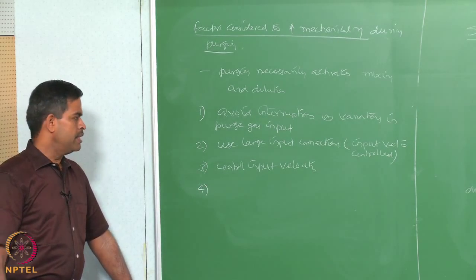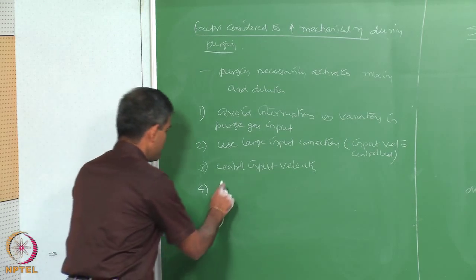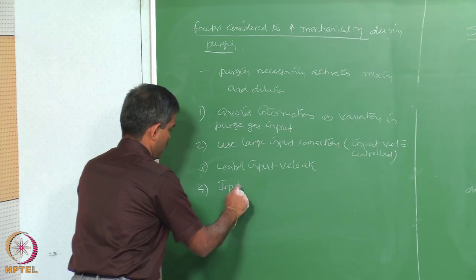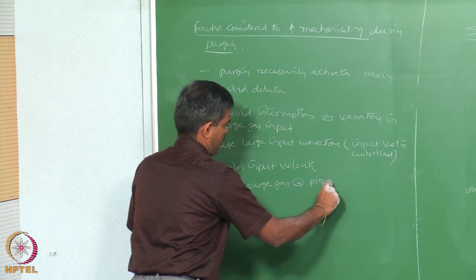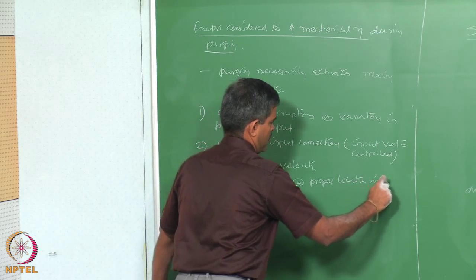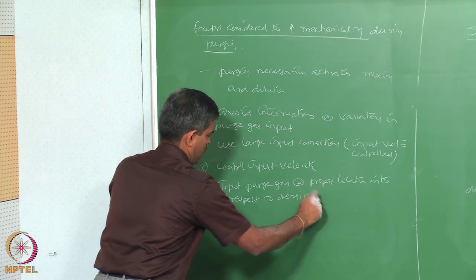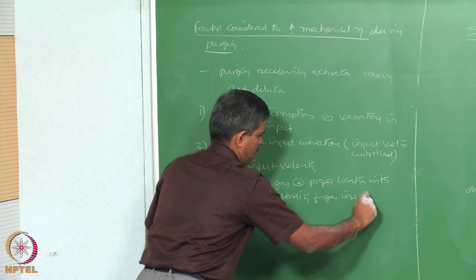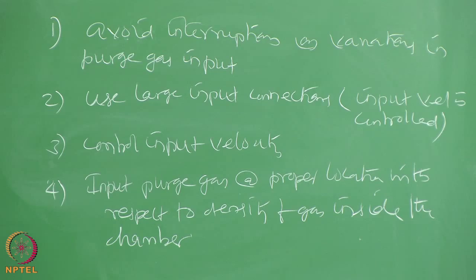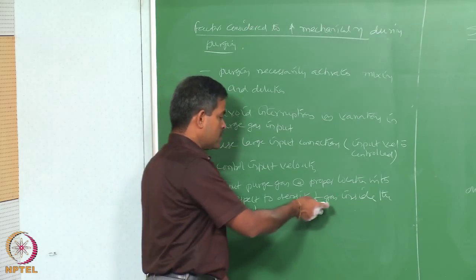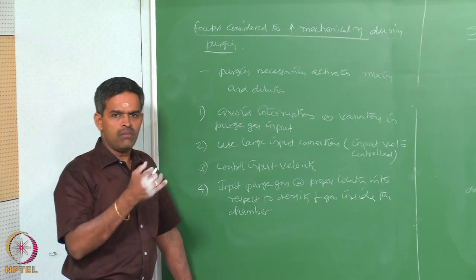Fourth could be introduce purging gas at a proper location with respect to gas density, because we already saw that if the gas density inside is lighter, then we should push the gas to the exit by pumping the purge gas from the bottom and vice versa.